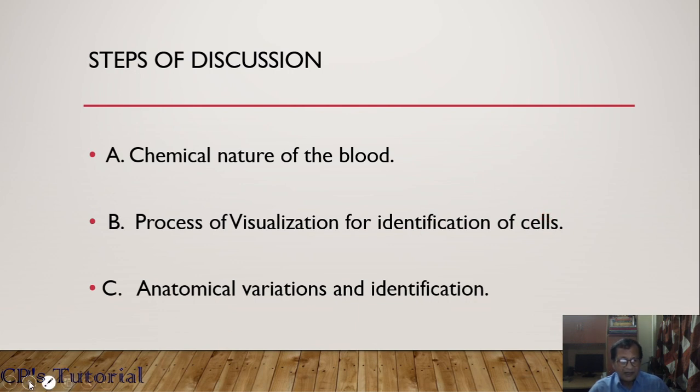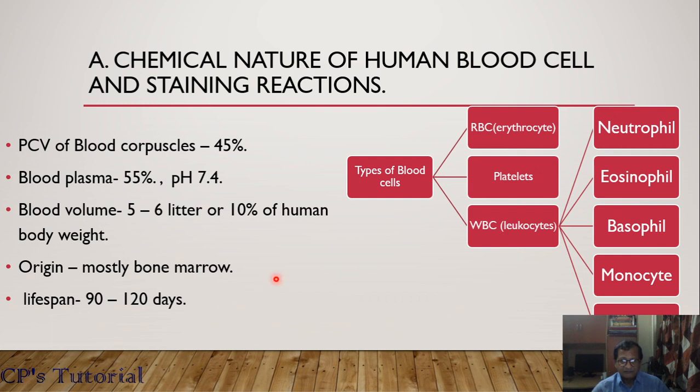Now, in the first point, that is the chemical nature of the blood, I have to find out. What is the nature of the blood cell in the human body? It is a connective tissue. The connective tissue is mobile, that means its fluidity determines it is a fluid connective tissue.